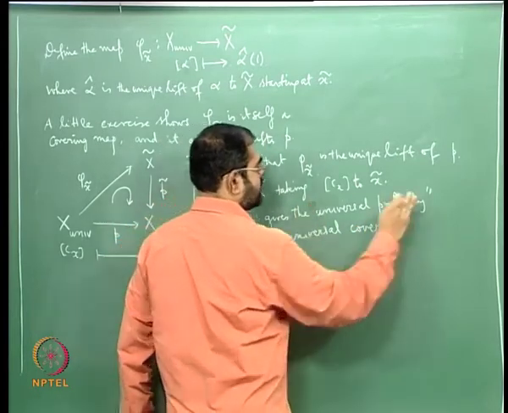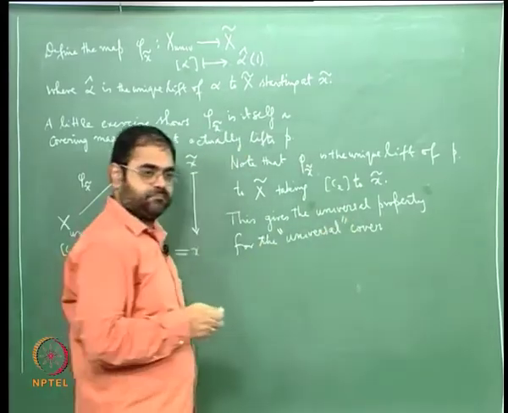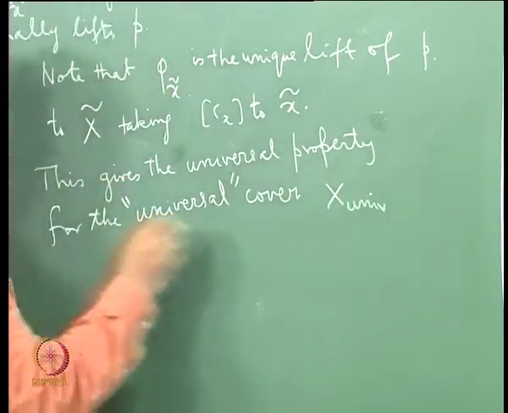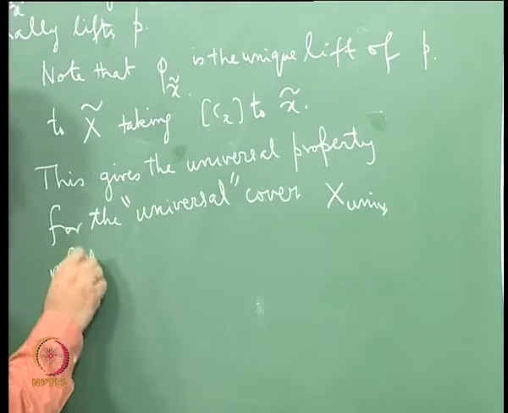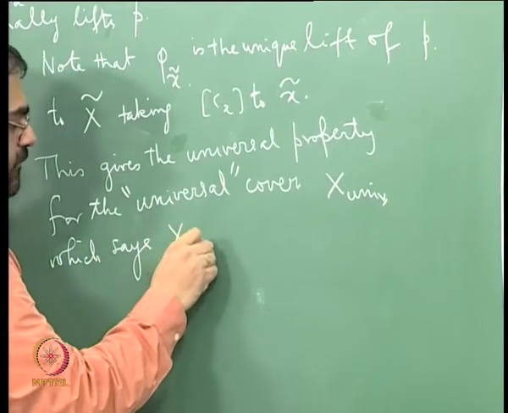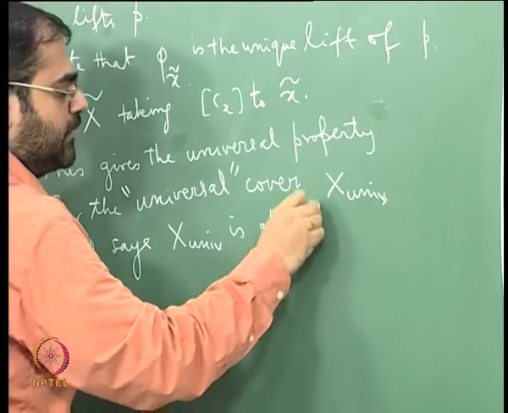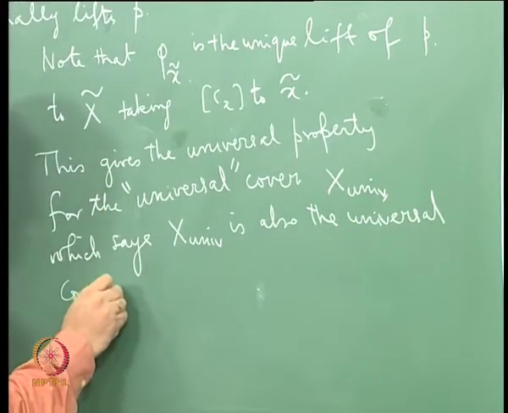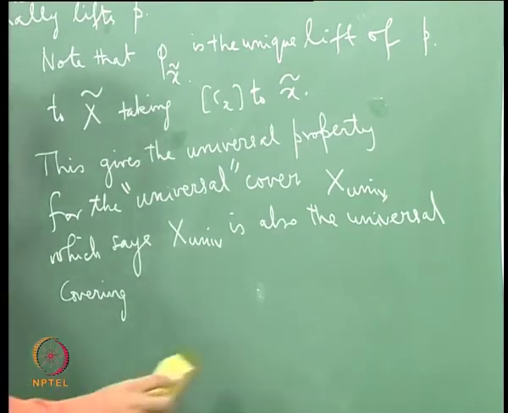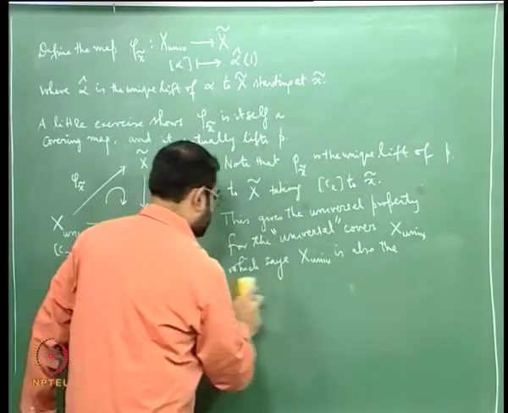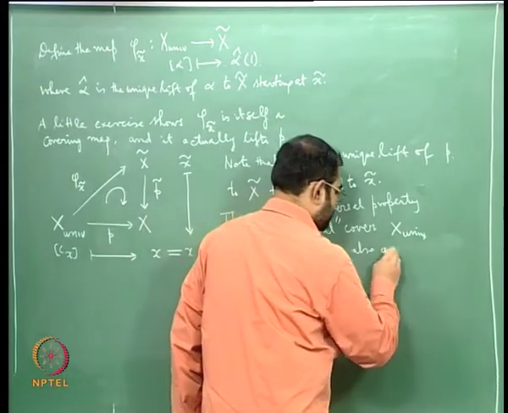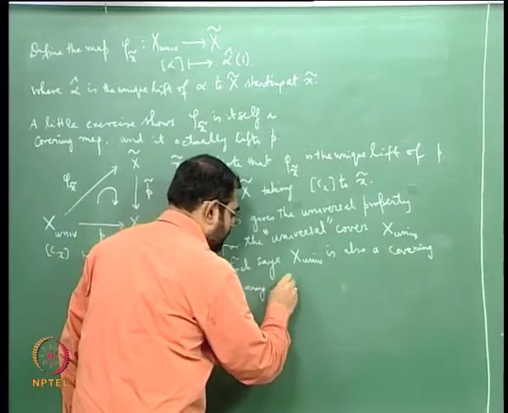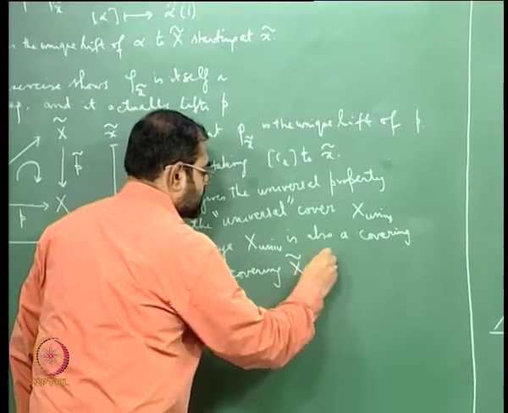So in fact I should put this in quotes, x uni, which says x uni is also, let me say first, it's also a covering of any covering x tilde of x, okay.